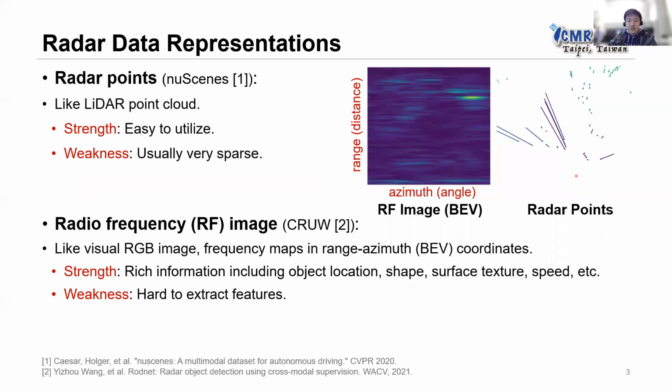The second kind of representation is the radio frequency image, which we are using in this challenge. It is a frequency map in the range-azimuth coordinate. RF images can capture rich information, including object locations, shape, surface texture, and speed. But the weakness is that it is hard to extract features from those RF images.